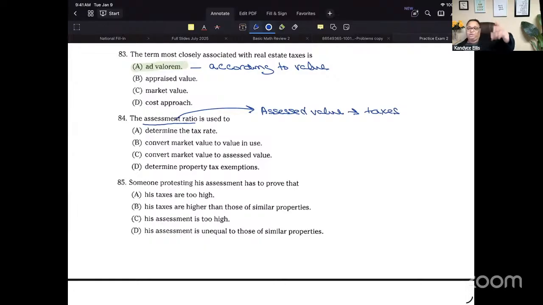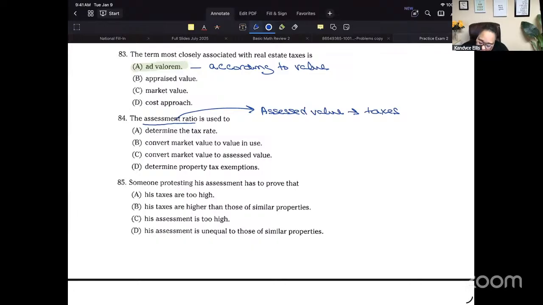Remember, there's the actual market value of a property, but then your state, your city, your county, your municipality says, hey, we want you to pay taxes off of this value. That value is going to be your assessed value. I haven't even looked at my answer choices yet.